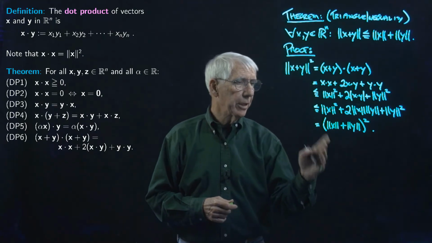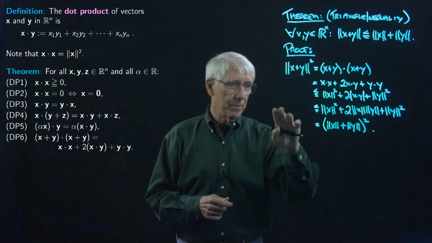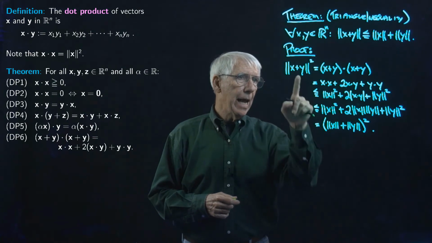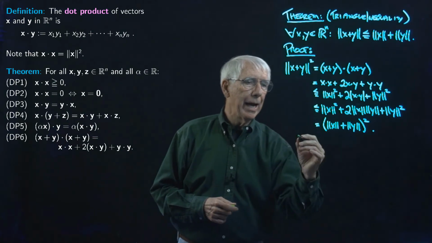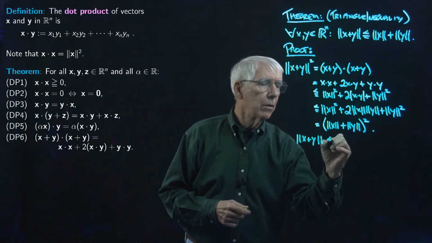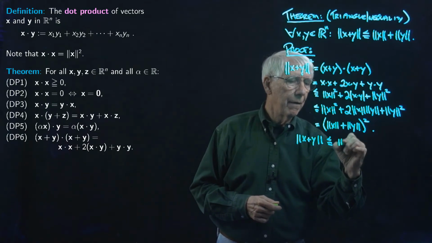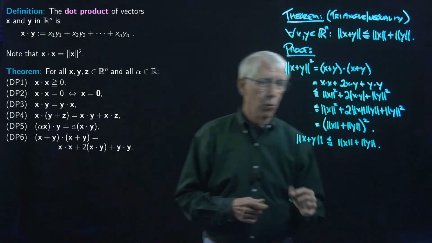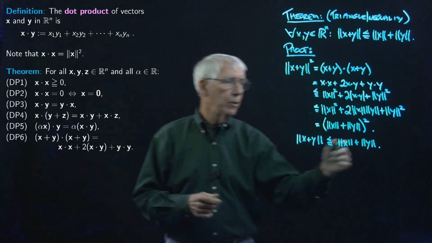So what I have here is, this is non-negative because I'm squaring something. This is non-negative. I'm squaring something. And so if I take the positive square root of both sides, I have, because of these two inequalities here, voila, we are done. A very simple proof.